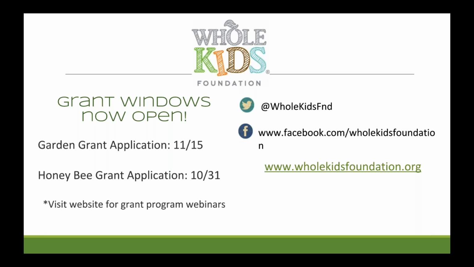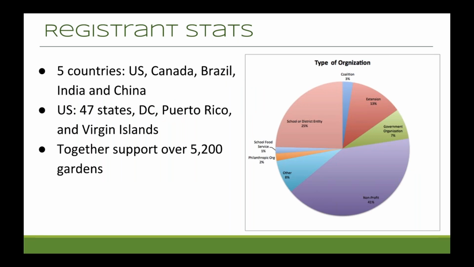But I will now dive into just some fun facts about who is in the room, who registered for this webinar. It's always great to see how far-reaching this work is. So almost 400 people registered for this webinar from 5 different countries, including the US, Canada, Brazil, India, and China. In the US alone, we cover 47 states, DC, Puerto Rico, and the Virgin Islands.